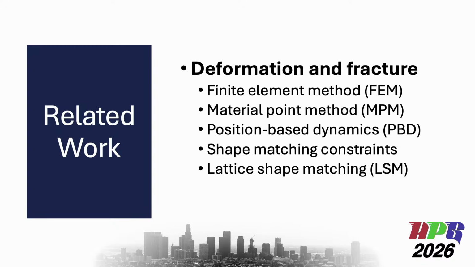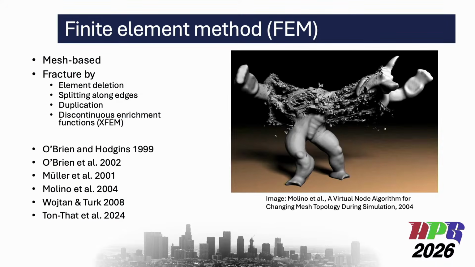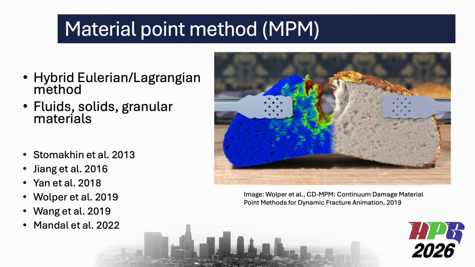Here are the three-letter acronyms for some of the deformation and fracture approaches that are mentioned in our literature review. Finite elements have a long history. They give you engineering accuracy, but at the cost of performance. As you can see in the image, it's capable of representing very fine details of fracture. Material point methods have been a visual effects industry darling.